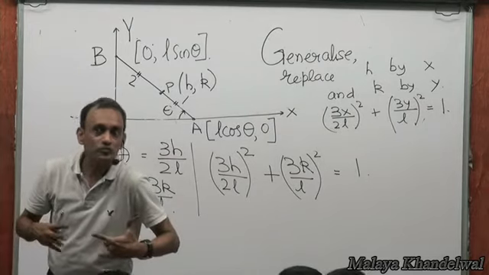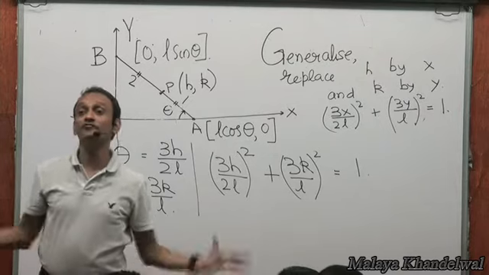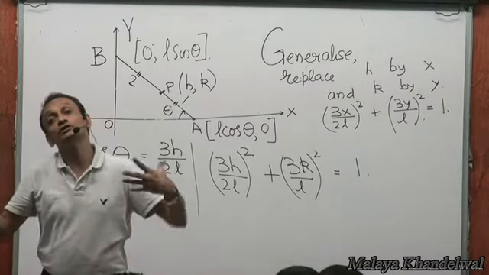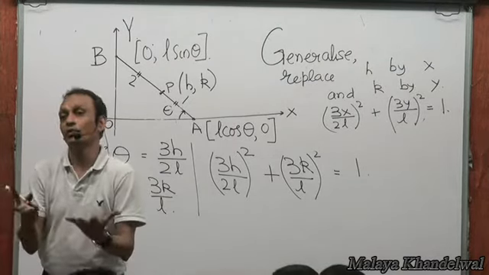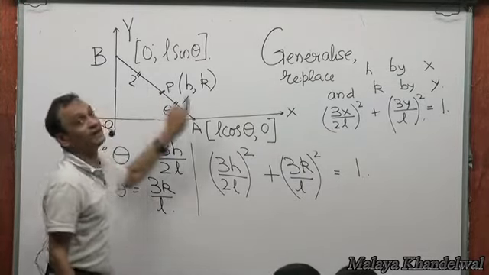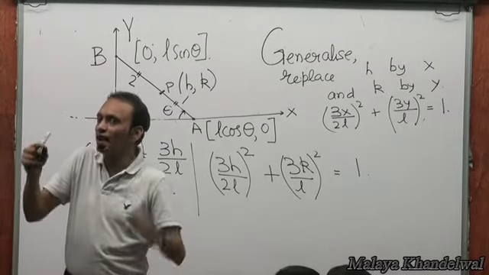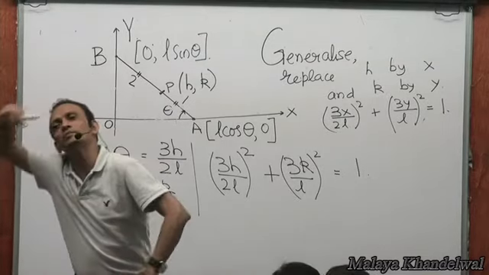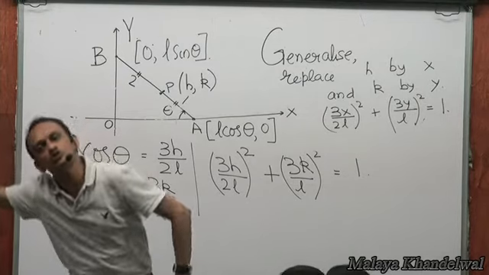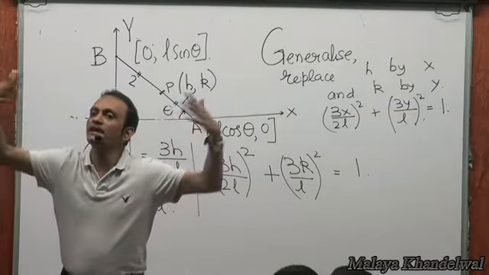Like I said, if I'm tracing the path of a certain point, I will have to take into account the conditions that must be met by that point. The point P for various positions of the ladder will always divide the ladder in the ratio 2:1. It'd be a fixed point on the ladder, but since the ladder is moving, this point P is also moving. So there is a trajectory associated with that point. At different instants, it has different xy coordinates.